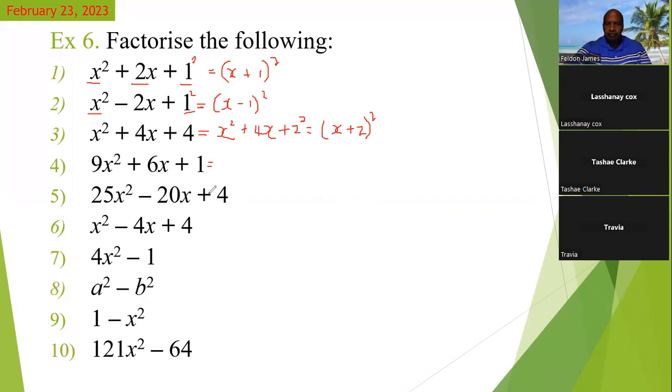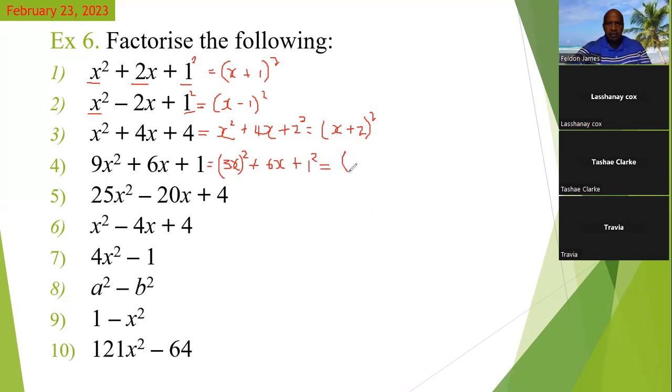Come, Ms. Trevor. That would be 3x. All right, 3x what? 3x squared. All right, continue. Plus the 6x, plus 1.